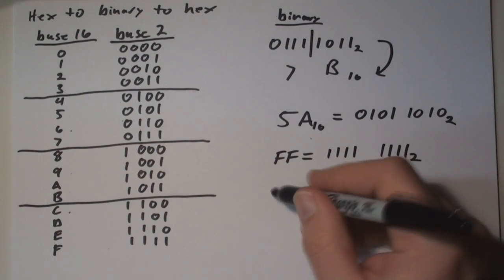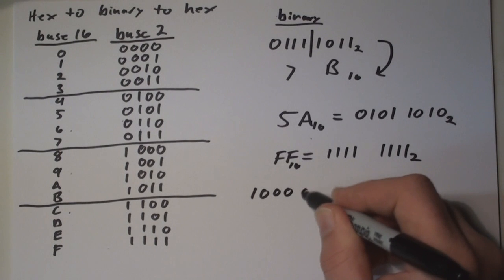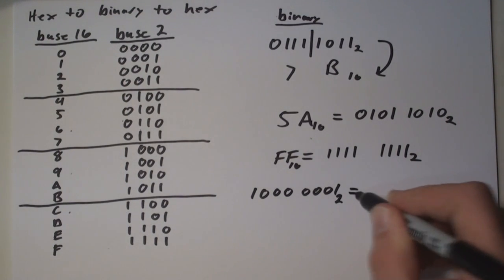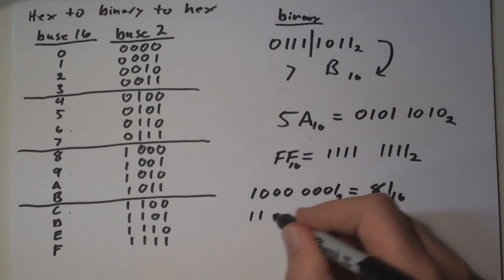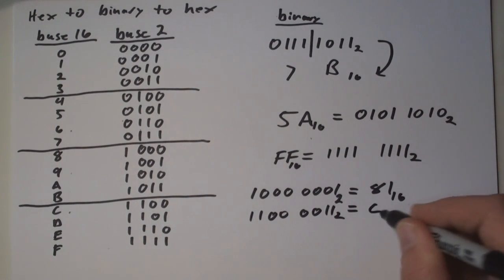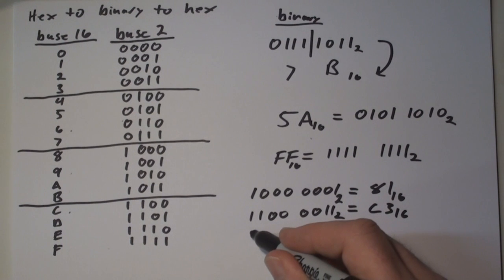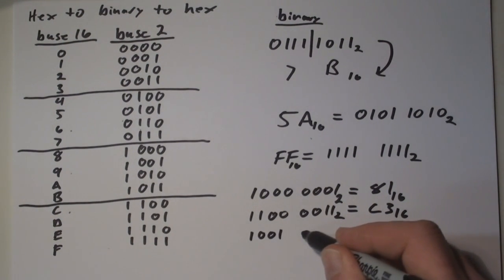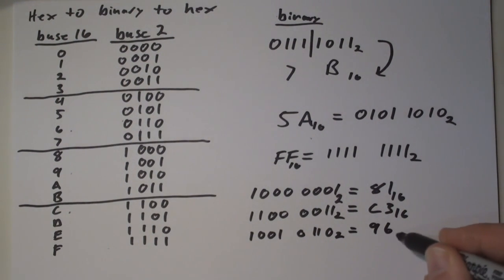And we'll start with a binary number now, 10000001, which is 81 base 16. Now 11000011, which is C3 base 16. 1001 0110, which is 96 base 16. And you can see, if you memorize the pattern of base 16 number to base 2, it's very easy to do the conversion in either direction.